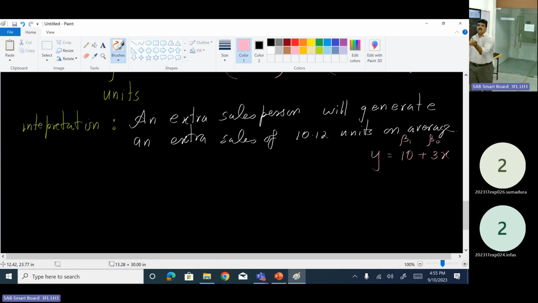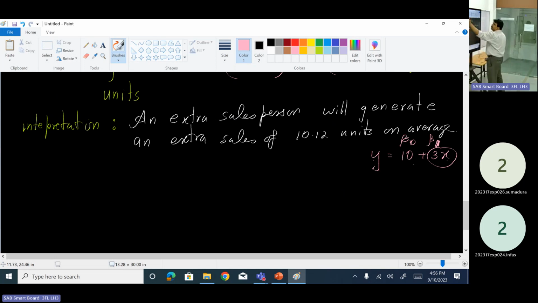So now we have to identify a value for x. When we substitute that x here, y should take the beta naught value. What is the value we have to substitute for x? 0. So when we put 0, this is gone, and y will take the beta naught value. So that's the idea, right?